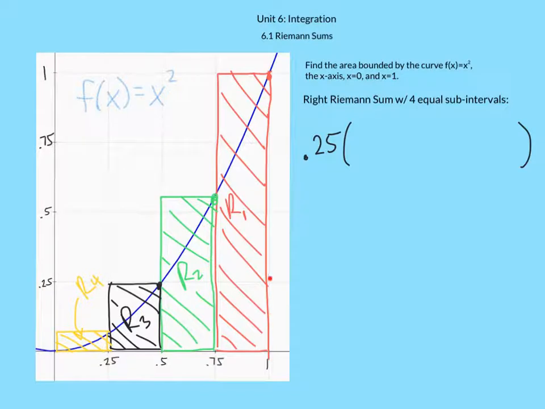Those heights are determined by the function basically. So our heights are each of these x values squared. So we can write it just like this. This one's 1 squared. This next height is 0.75 squared.